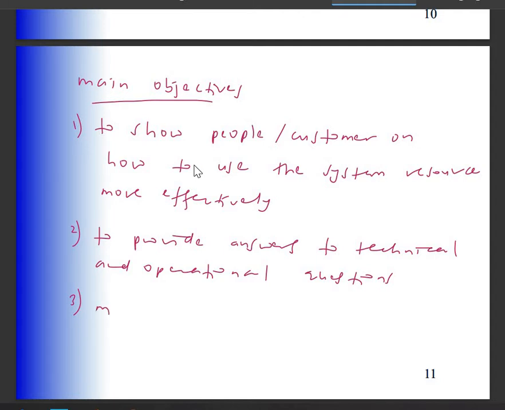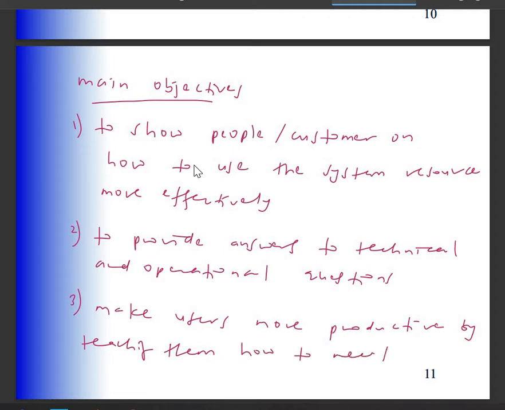And then the third one is to make the users becoming more productive by teaching them, okay, how to meet their own information needs.